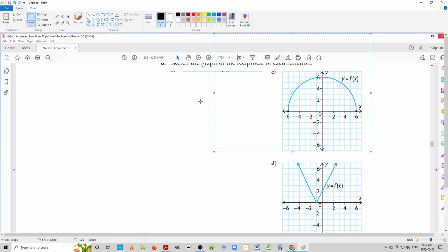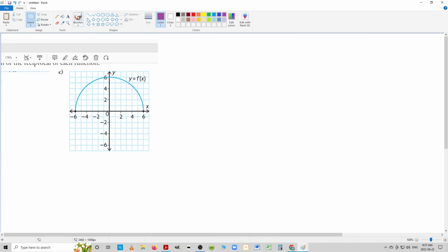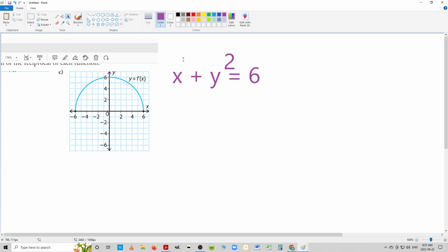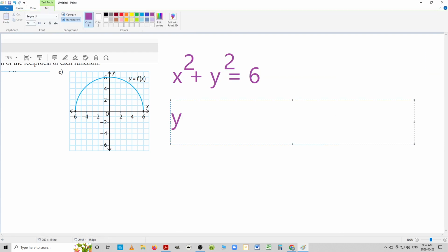This is a circle, and it's only a half circle. So if you look at a circle, and you'd say this is equal to, find the radius of that circle. It looks like 6. So normally it'd be x squared plus y squared is equal to 6, would create the full circle. Now we're going to isolate the y. Y squared is equal to 6 minus x squared.